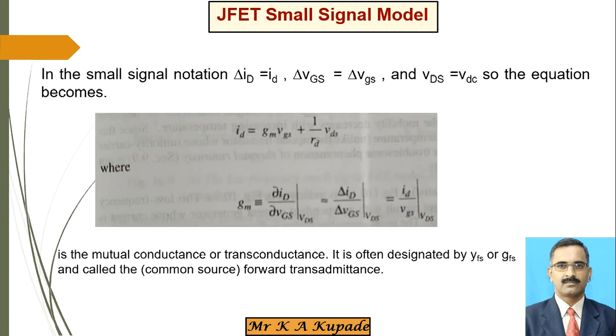By considering this equation, if we use signal notation, delta ID is equal to small id, delta VGS equal to small vgs, and delta VDS is equal to small vds. The above equation becomes id is equal to gm into vgs plus 1 upon rd into vds, where gm is nearly equal to the derivative of ID with respect to VGS for constant VDS, which is nearly delta ID upon delta VGS for that VDS, that is id upon vgs for that VDS.